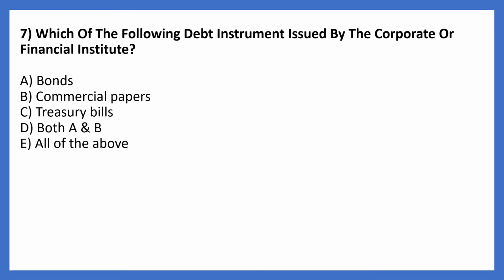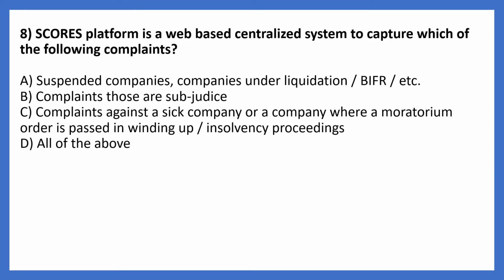Which of the following debt instruments are issued by a corporate or financial institution? Option A, bonds. Option B, commercial papers. Option C, treasury bills. Option D, both A and B, and option E, all of the above. The correct answer is option D, both A and B, bonds and commercial papers. SCORES platform is a web-based centralized system to capture which of the following complaints?